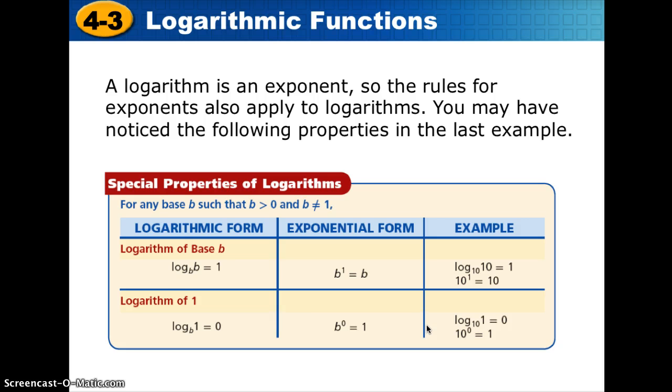So any number raised to the first power is equal to the original number in logarithmic form, and then you can see an example here. And then if you take the logarithm of the number 1, you're always going to end up with 0, because any number raised to the 0 power, you end up with 1. So those are properties that we learned a long time ago, but this is how they apply to logarithms.